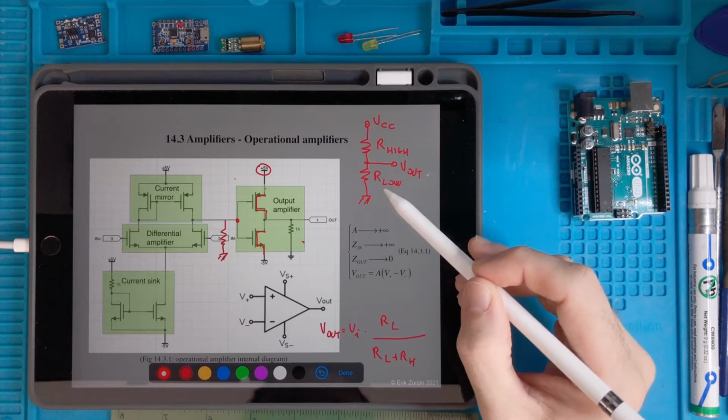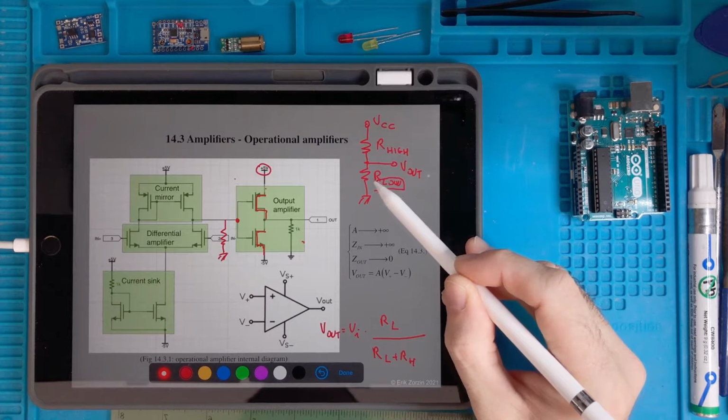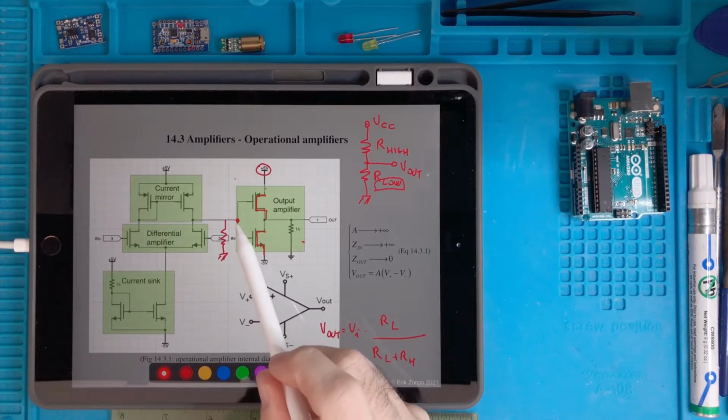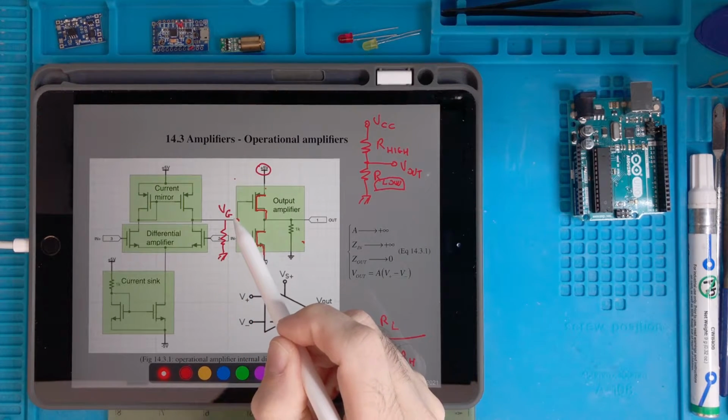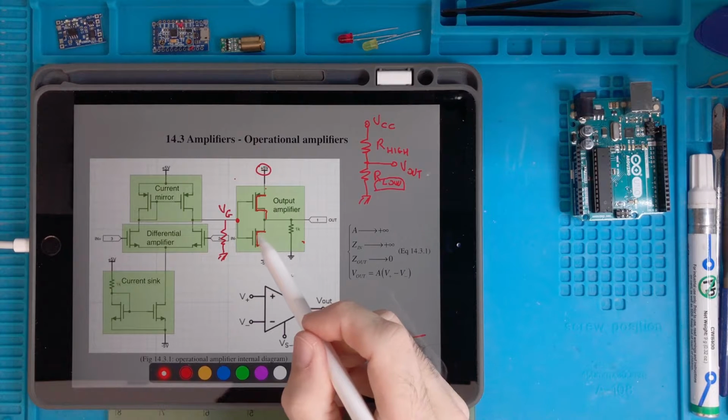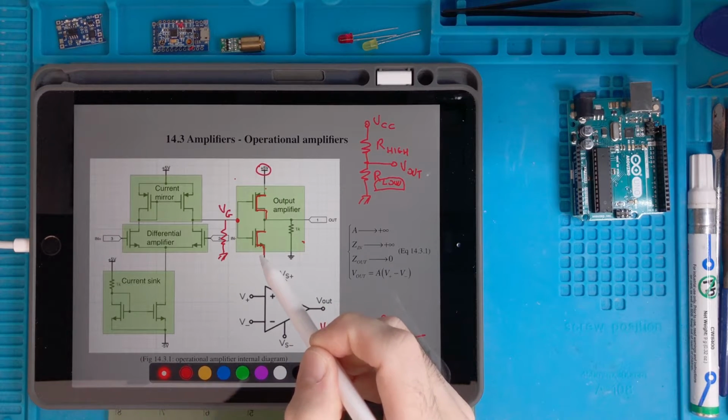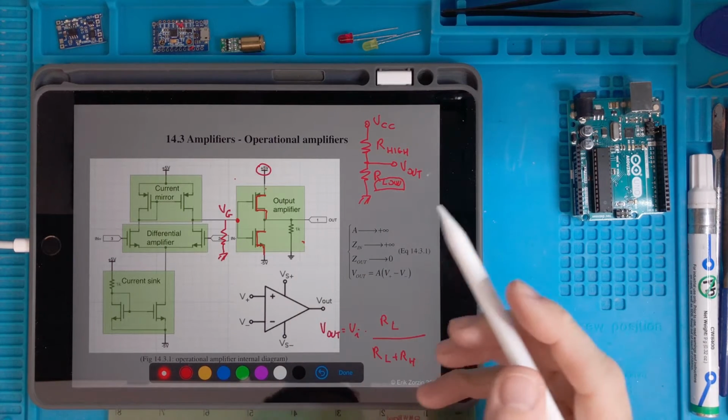So when this value of R low gets very low, so when the gate voltage here, VG, is so high, for which the channel of this transistor is so open that a lot of current will flow in it, so the resistance of this transistor is very low, let's say 0.